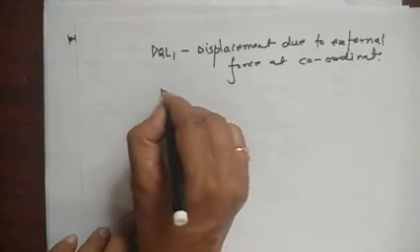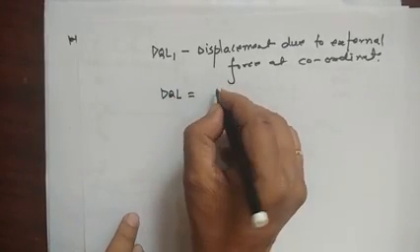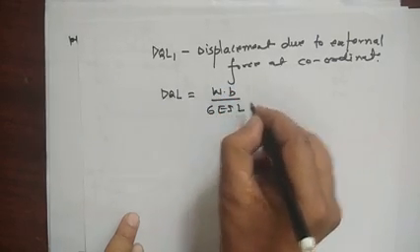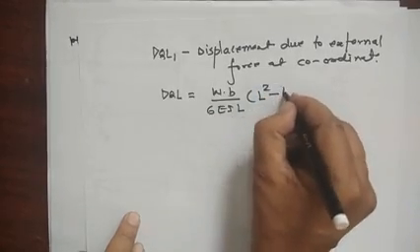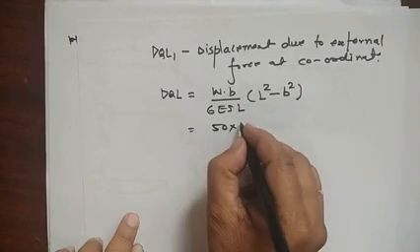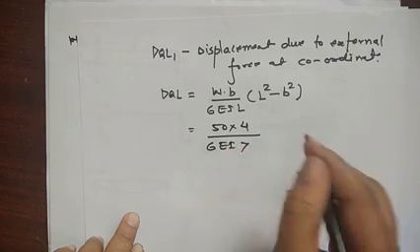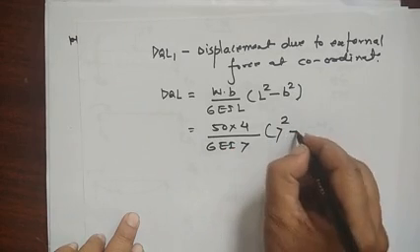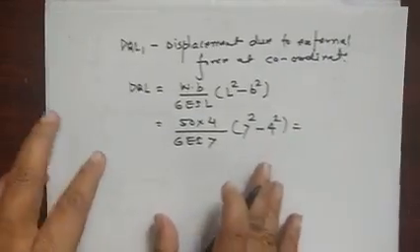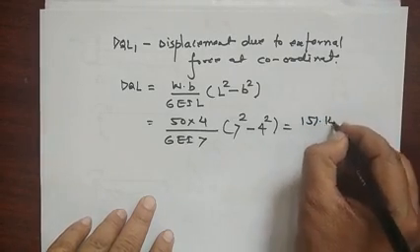So dql is equal to, the formula is W into B by 6EIL into L square minus B square. So it's 50 into 4 divided by 6EI into 7 into 7 square minus 4 square. So this becomes 157.14.